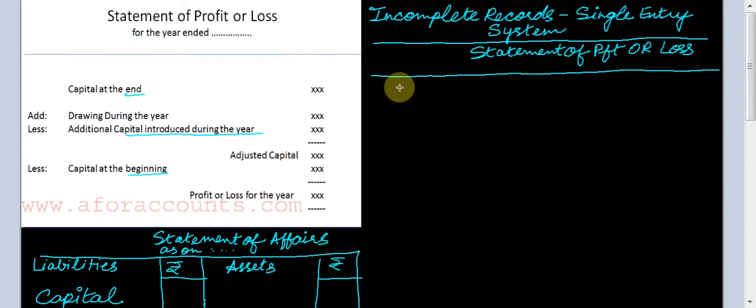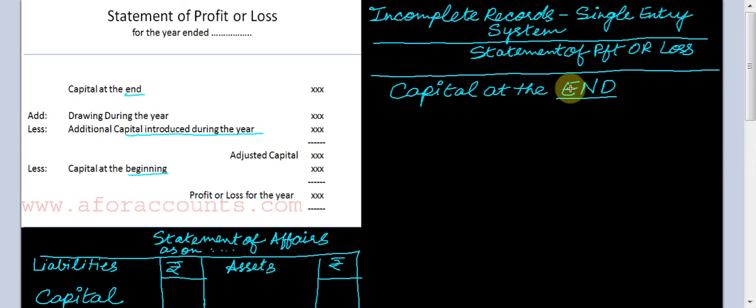I am saying start the solution, but you should remember end: capital at the end, E-N-D. When you start your question, remember the end and capital at the end.